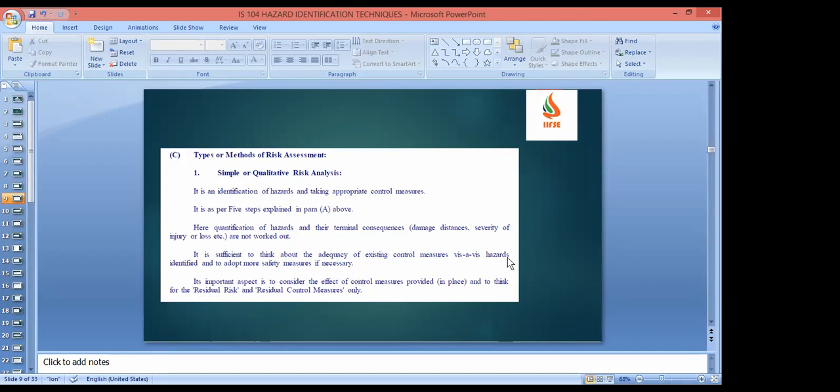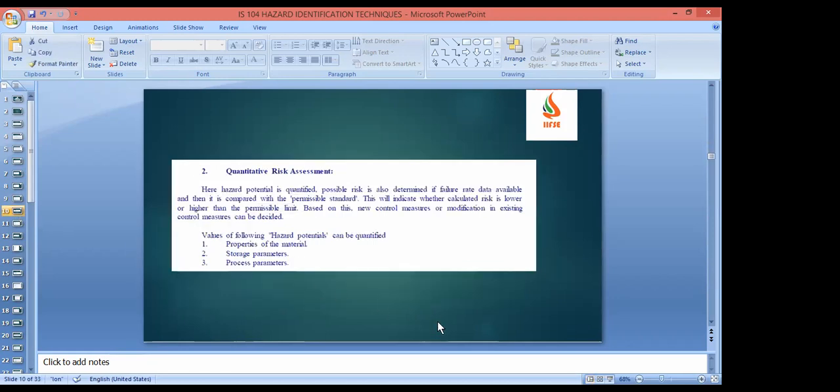Once you have put these existing controls in place, is there still any residual risk, which means there is still a risk after putting the control measures as well? That also they will see here.